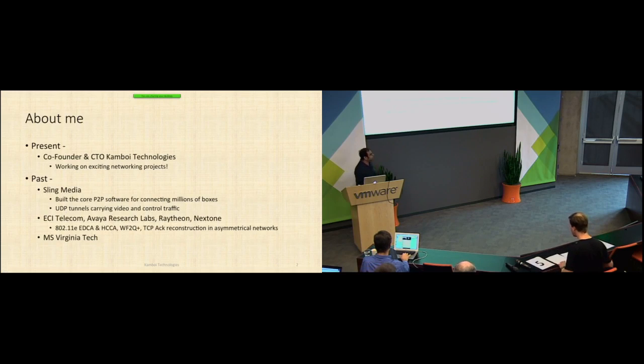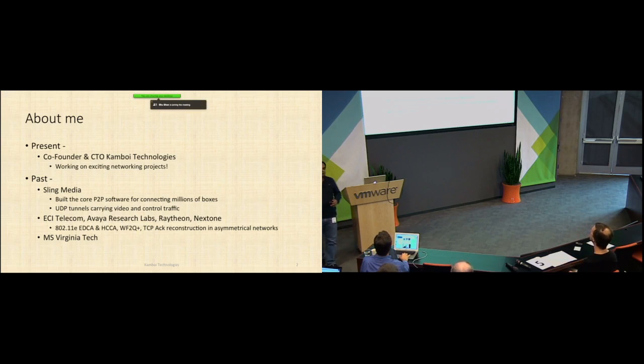To give you a background about myself, I'm the CTO of a small company, Kamboi Technologies. We work with switch vendors and some companies which are early adopters of SDN, looking at proofs of concept, and even looking at some product ideas in traffic engineering currently. In the past, my background is not from networking, like CCIEs or something, but I've come from network application development at a company, Sling Media, where I built the P2P software for connecting Sling boxes, devices.